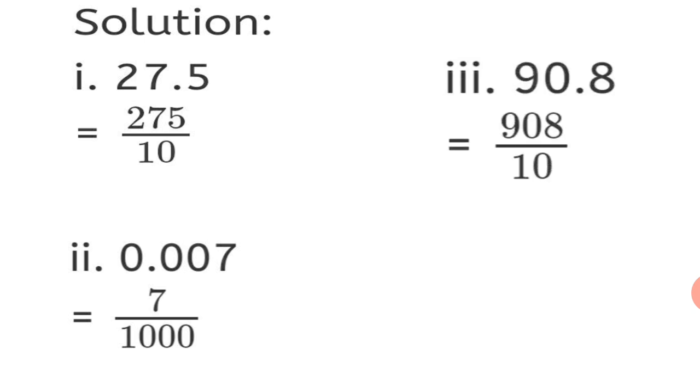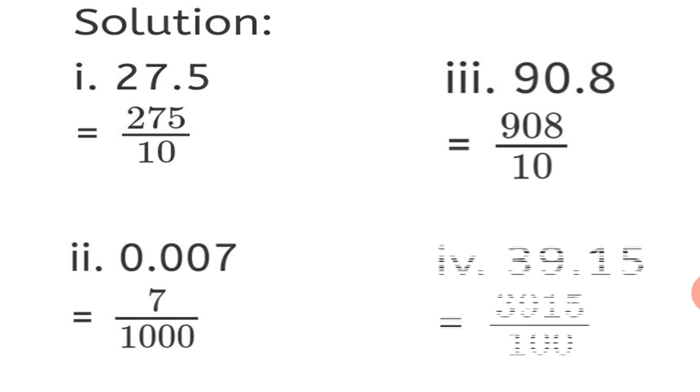Third sum, 90.8. Write 908 immediately without the point, upon, in the denominator, take 1 as a digit and along with it one more 0, because after the decimal point you see one place. That's your third answer, 908 upon 10.